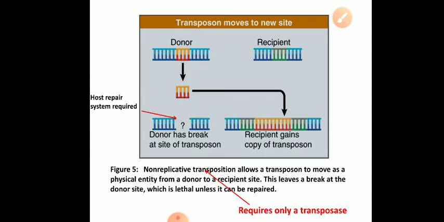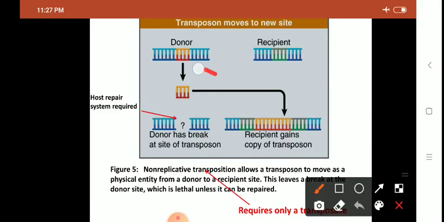Now this is the non-replicative mode. This diagram shows the non-replicative mode, where only the transposase enzyme is required. The transposase enzyme allows the movement. So this is the donor, and the red-orange colored part is the transposon.